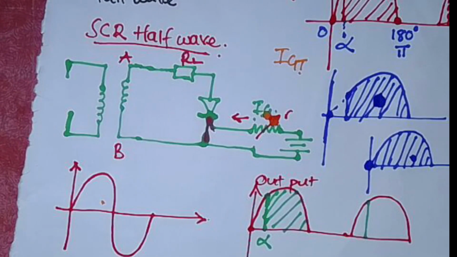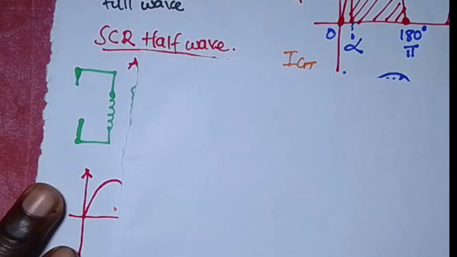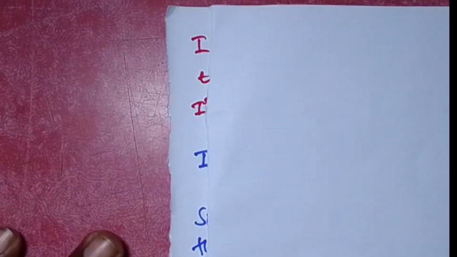Now, with that, I'm going to talk about this wonderful equation. And I think with that equation, many people will be able to do some numbers on SCR circuits. Briefly, these equations all come from what we have drawn here as our SCR diagram.